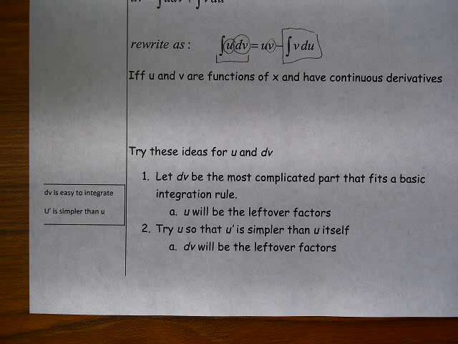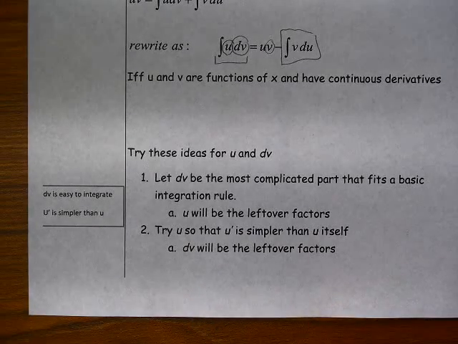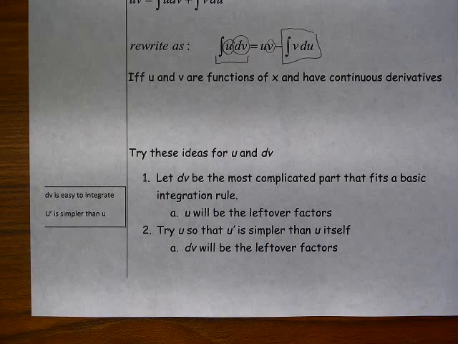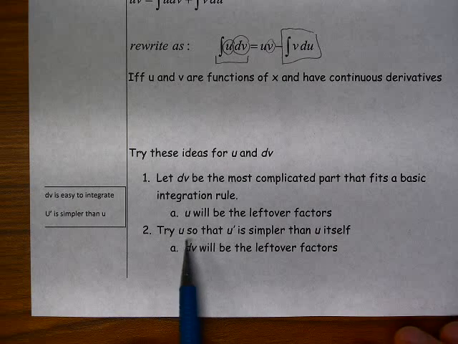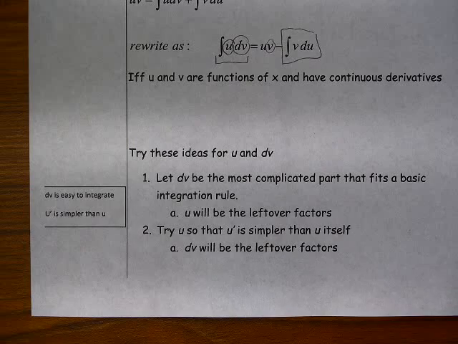Assumedly, we want that to be an easy antiderivative. And then u is going to be everything that's left over, all the leftover factors that are part of that integral. For u, we're going to try to pick a u so that the derivative of u is simpler than u itself.